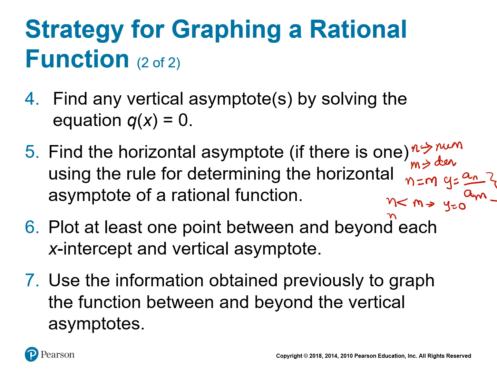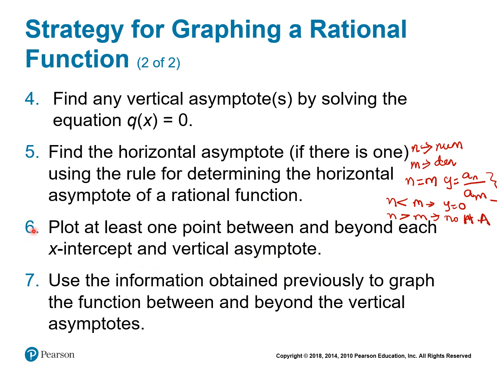And then finally, if n is greater than m, then it doesn't have any horizontal asymptotes, no HA. Let's write it there. Okay, so once we find our asymptotes, we plot at least one point between and beyond each x-intercept and vertical asymptote.